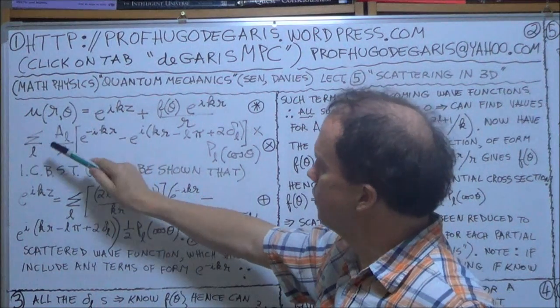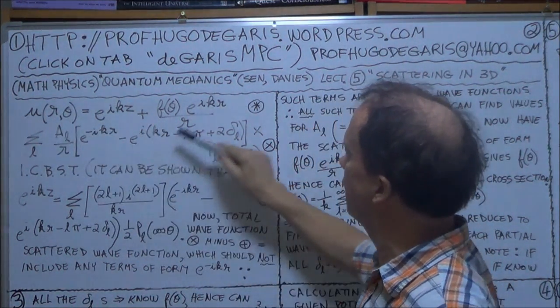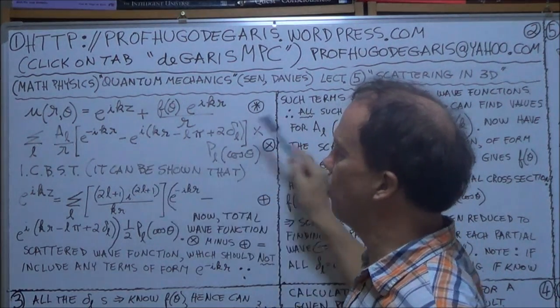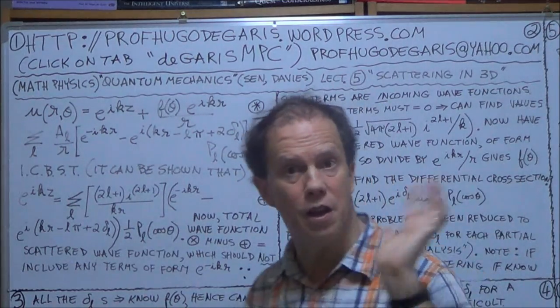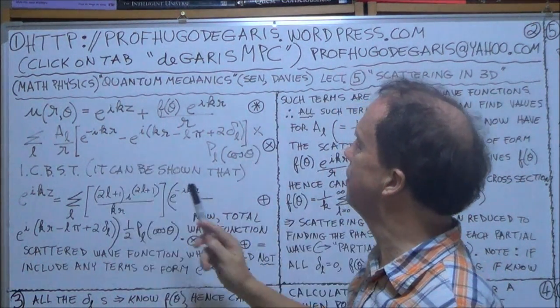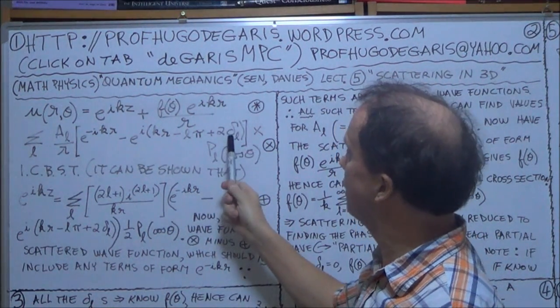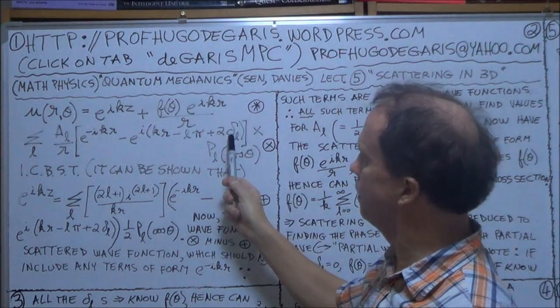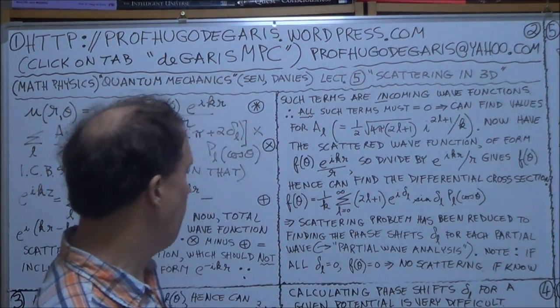So for just one of these A's here, you'll have a corresponding waveform, and that's a partial wave. Okay. So now you know why this whole thing is called partial wave analysis. You're trying to find out what the phase change, delta, is. Hence partial wave analysis. All right.